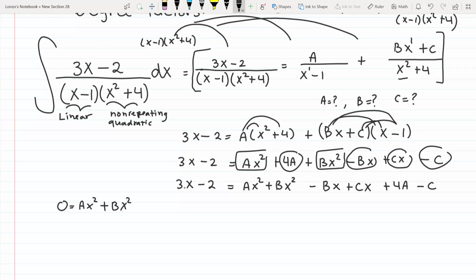And then over here, the negative Bx plus Cx, this is a power of 1. So on the left side, I see a power of 1, which is 3x. So you're going to set it up as 3x equals negative Bx plus Cx. And then the next one is 4A minus C, or the constant, so that is related to negative 2.